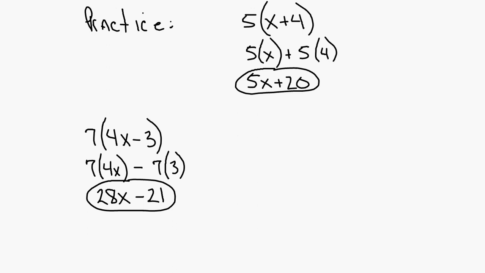Try one with a negative outside the parentheses. Negative 5 times 2x plus 3.